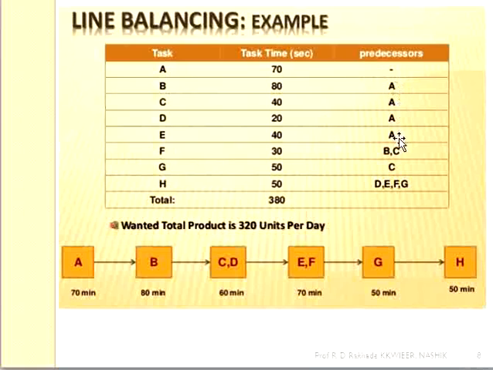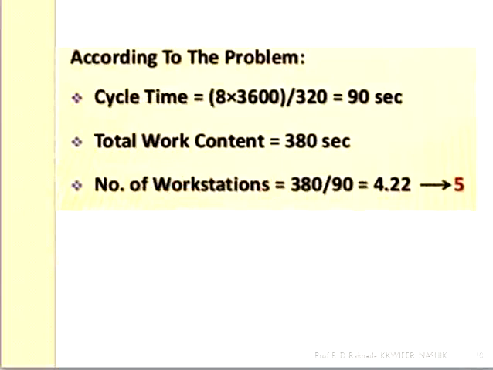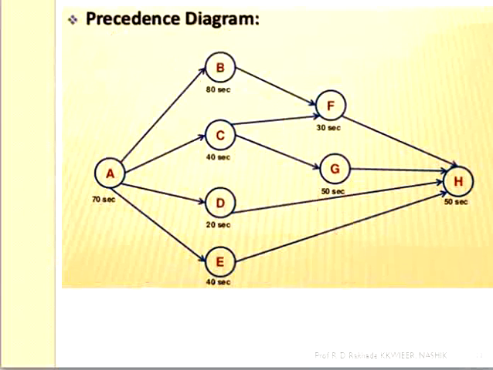These activities start after this: F starts after B and C, then G starts after C, H starts after D, E, F and G. Using this we can plot the precedence diagram. We can say this is stage 1, stage 2, stage 3 and stage 4.